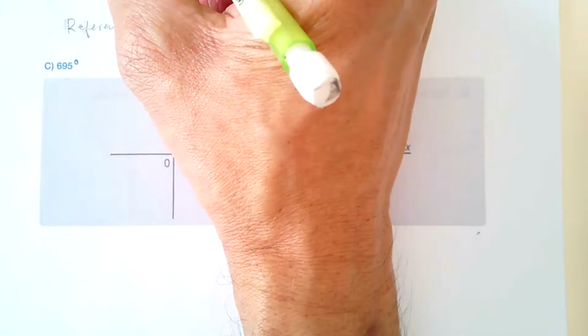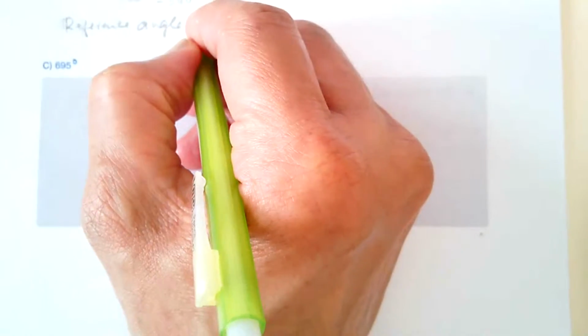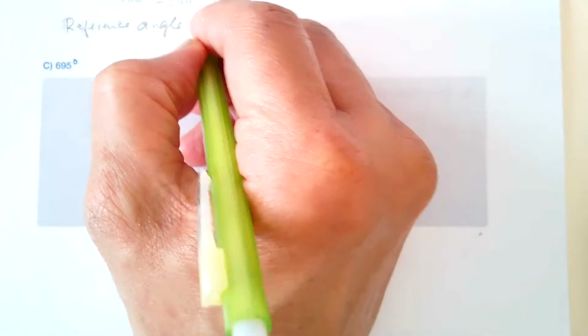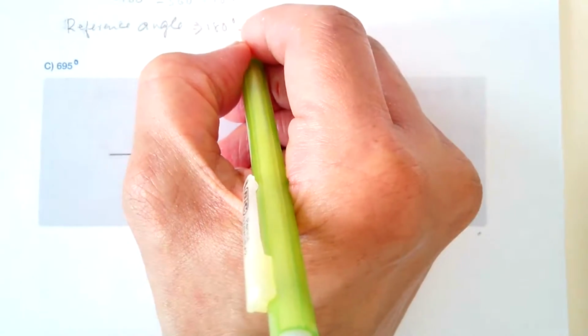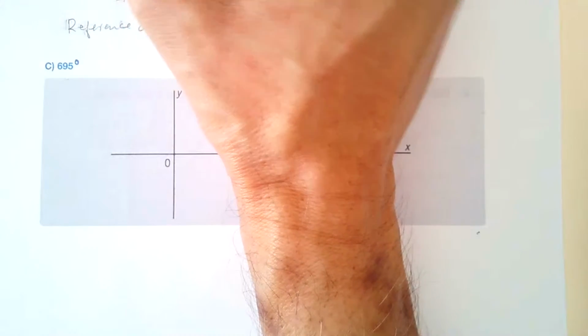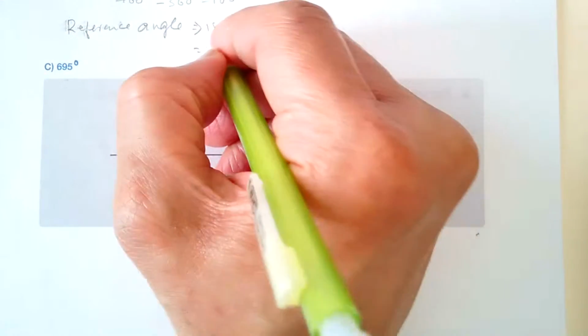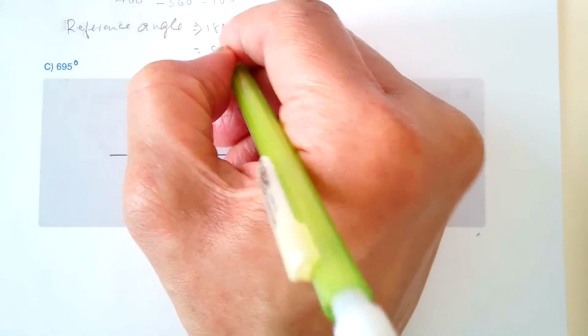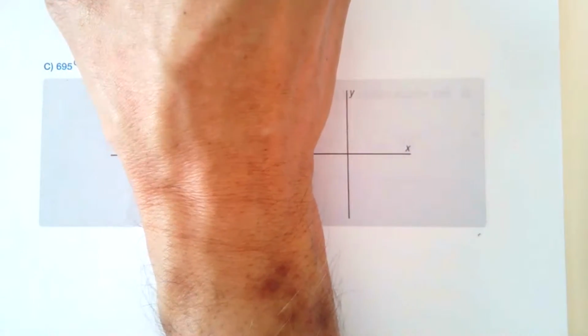From your x-axis to the terminal arm would be 180 degrees minus 100, because from here to here is 100. So your reference angle would be 80 degrees.